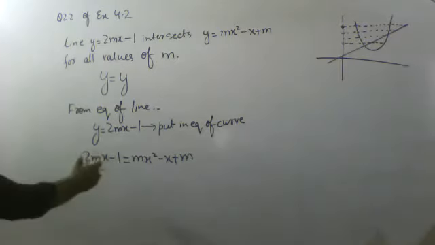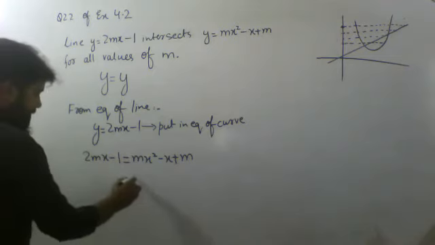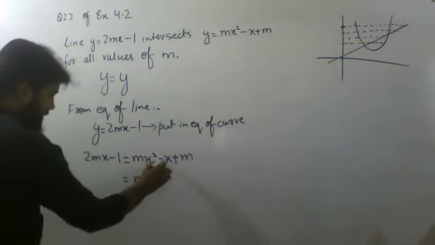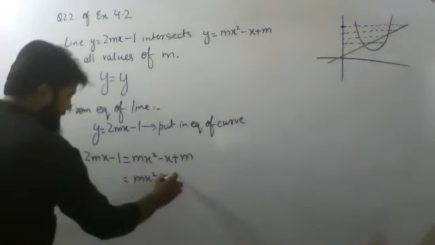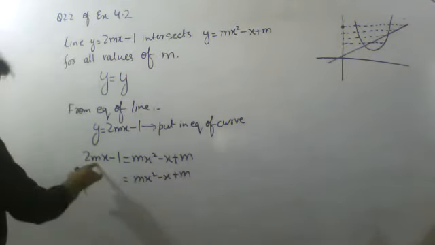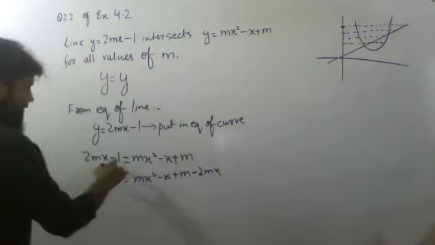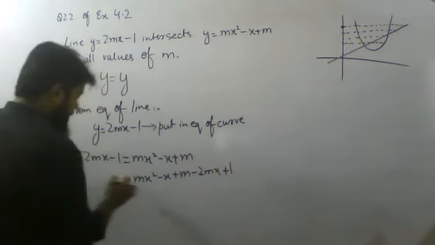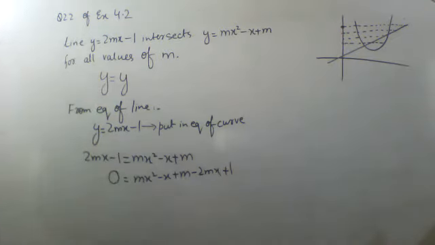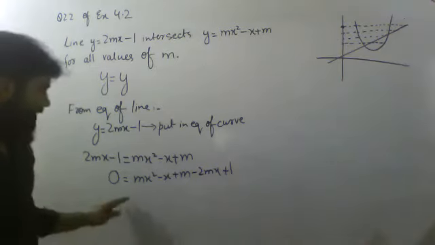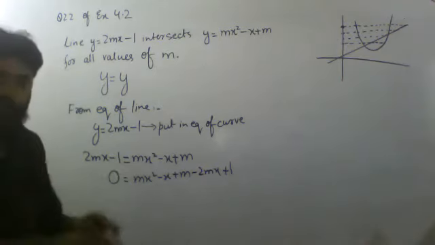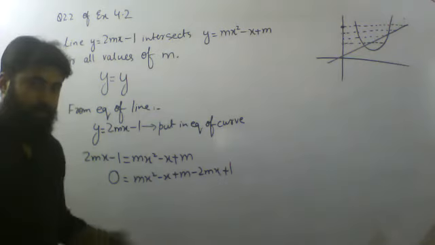Okay, now simplifying it, mx square minus x plus m, shifting this over here, minus 2mx plus 1 equals 0. Okay, what I have done, I have got a quadratic equation. Now I am following my steps of solution.